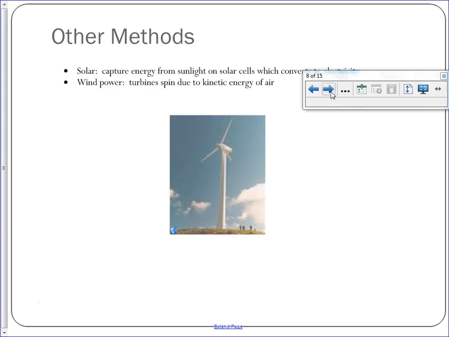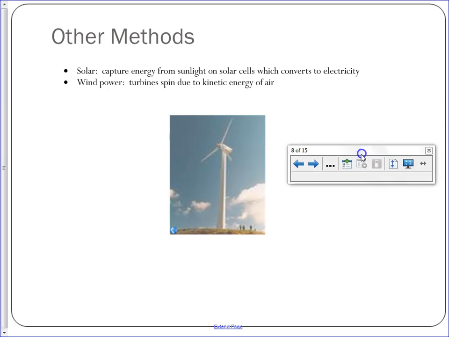So there's other methods of trying to capture this as well. There's solar energy, which captures the energy from the sunlight on solar cells, which converts it to electricity. There's also wind power. Turbines spin due to the kinetic energy of the air.